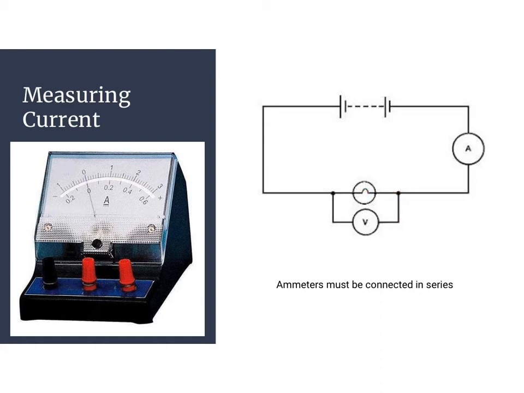Current will naturally want to take the easiest route. So when we call it a short circuit, current always takes the shortest or the easiest circuit. If the voltmeter has a very high resistance, we haven't spoken much about resistance, but we'll get there, then it wouldn't flow through it. Whereas an ammeter has zero or negligible resistance, so the current's happy to pass through it. So it's connected to the same wire in series.